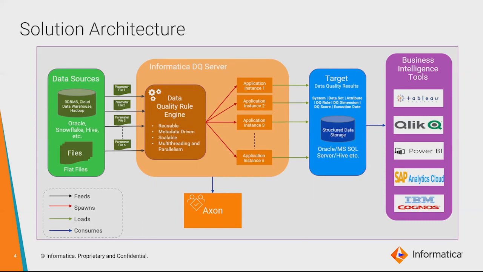And once we have this data quality result generated, it will be pushed to Axon via REST API call using the same solution end to end. Those data quality scores will be available in Axon for end users to view and even see the data quality dashboard at different levels. We'll touch upon those in our upcoming topics.